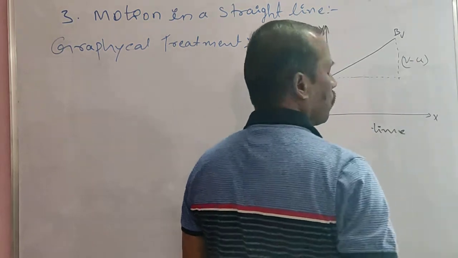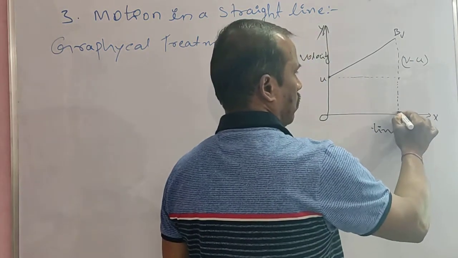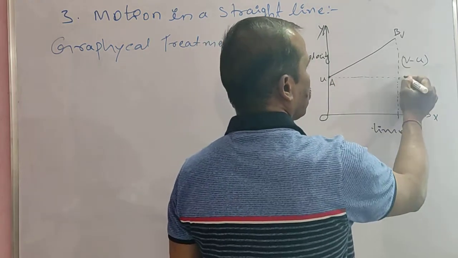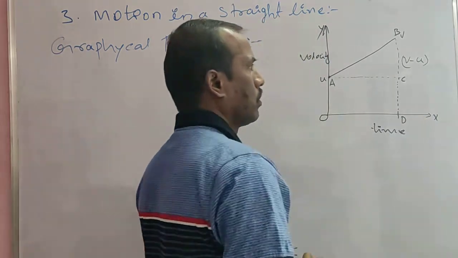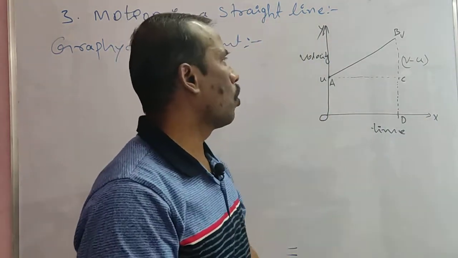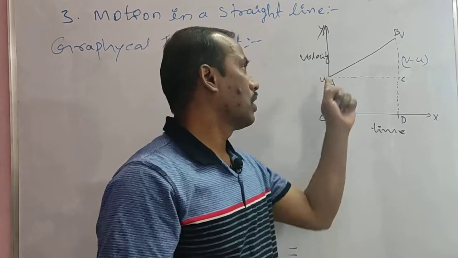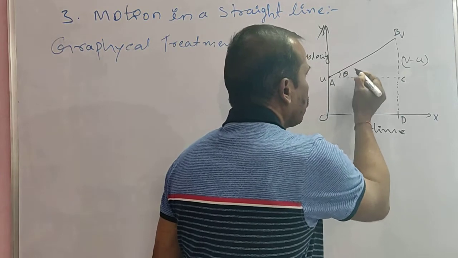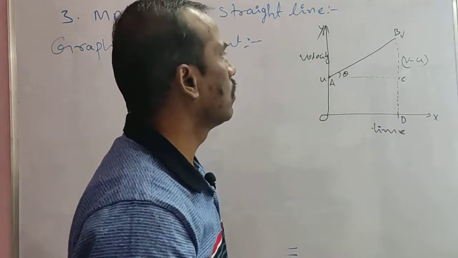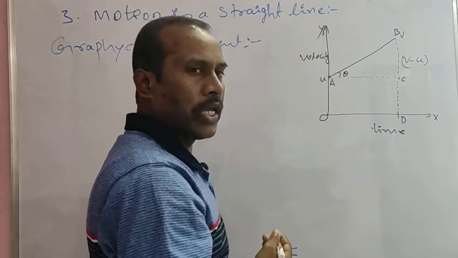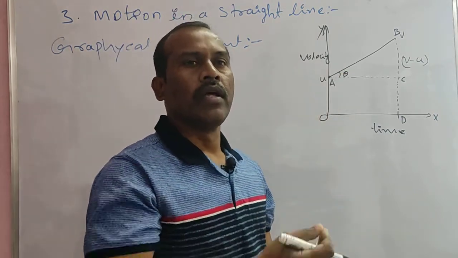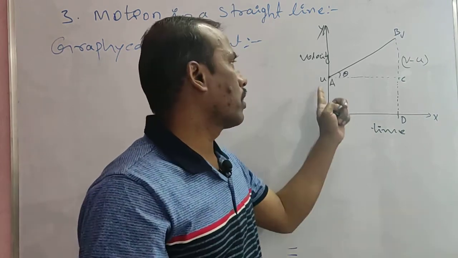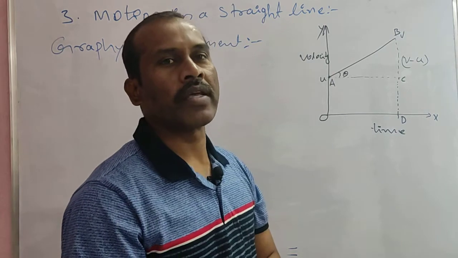For this graph a b c d, the slope of ab is equal to tan theta. The slope of line ab gives the uniform acceleration of the particle.